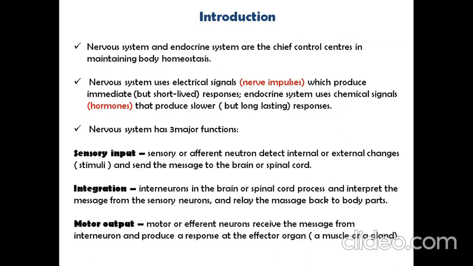Integration: the interneurons in the brain or the spinal cord process and interpret the message from the sensory neurons and relay the message back to the body parts. Motor output: the motor or efferent neuron receives the message from the interneuron and produces a response at the effector organ, it means the muscles and the glands.